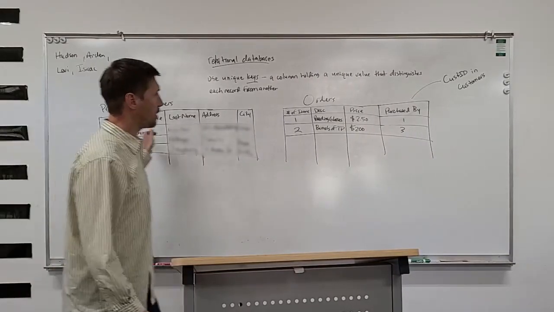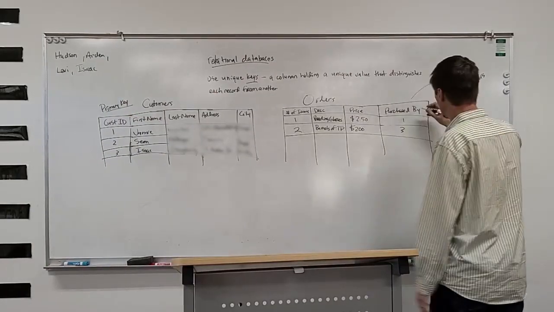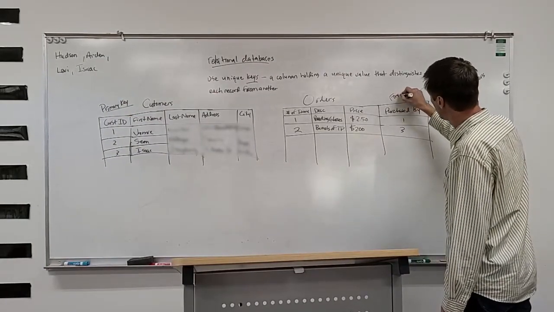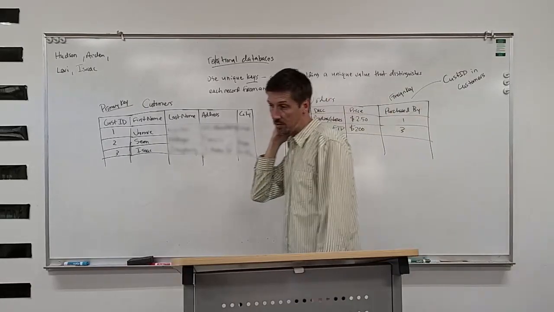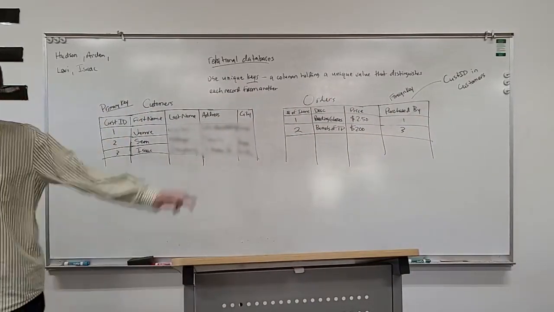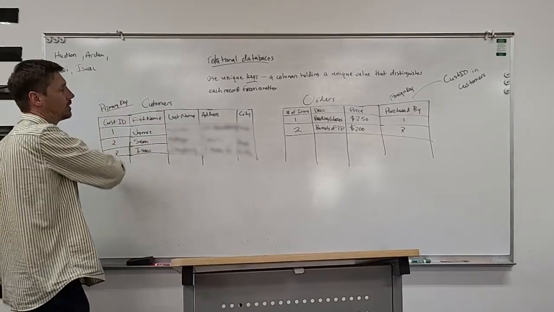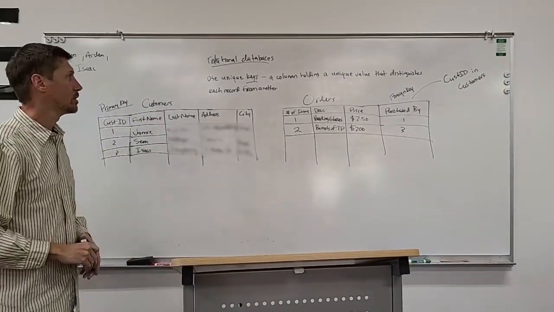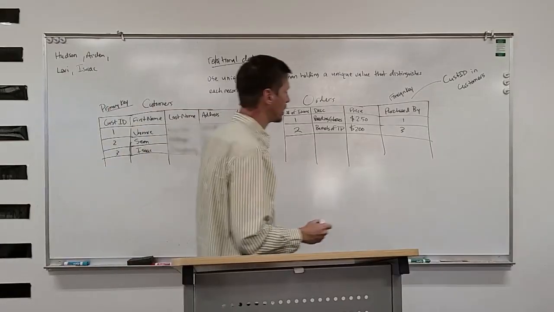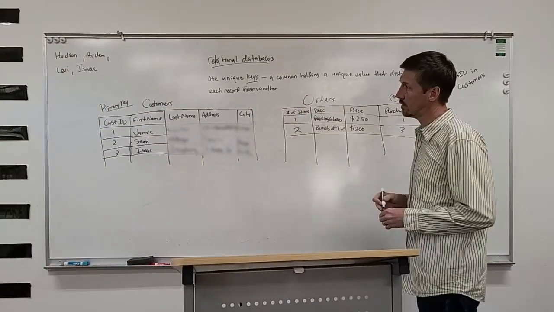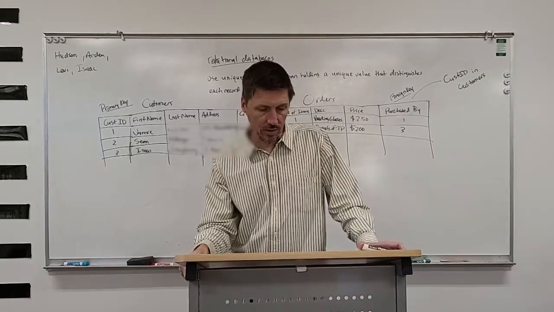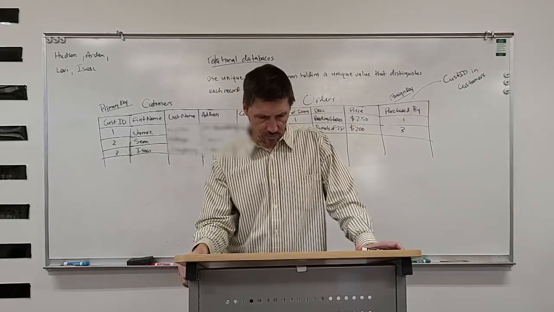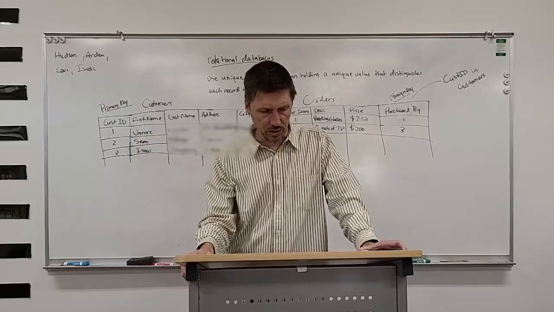But when you use that primary key in a different table, then we call this the foreign key. So it's a key value, it's a unique value, but it's foreign to this table. It's not the key value for this table, it's coming from a different table. All right? So relational databases are going to give you this ability with the primary key and foreign key values. You'll be able to set those up with relational databases, very easy to build those relationships between the two.